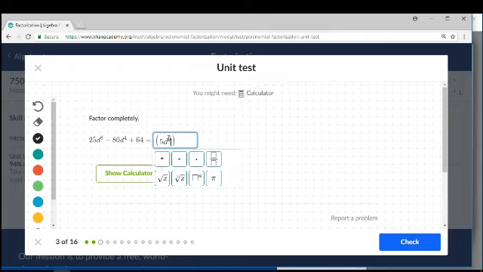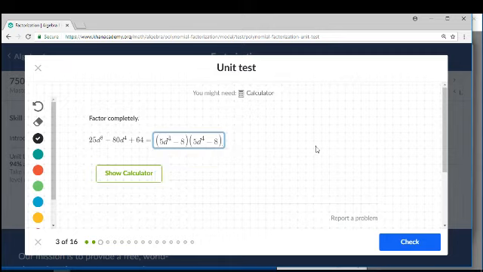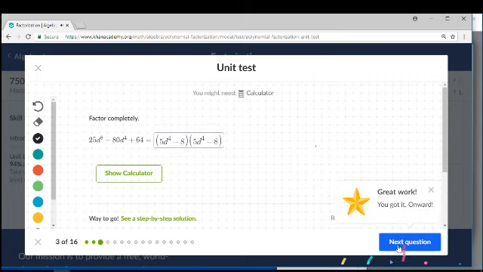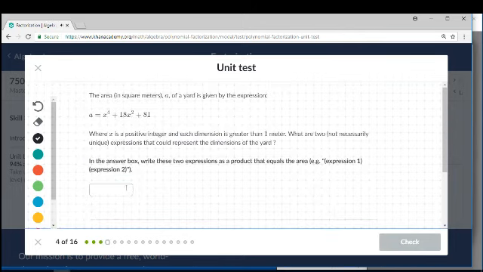This time we're going to do negative 8 minus 8, and then we'll have 5d to the fourth minus 8. I'll be extra careful this time. Let's see. So it counts that as correct.